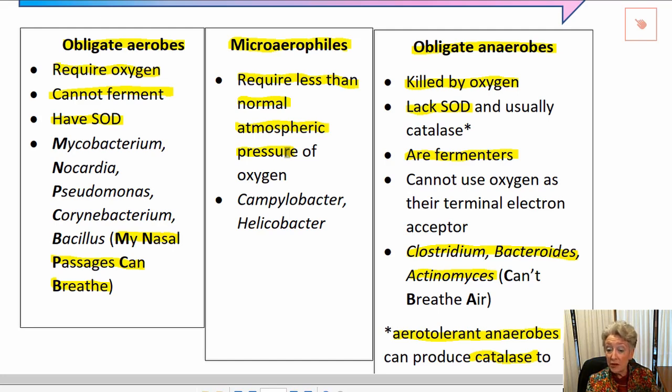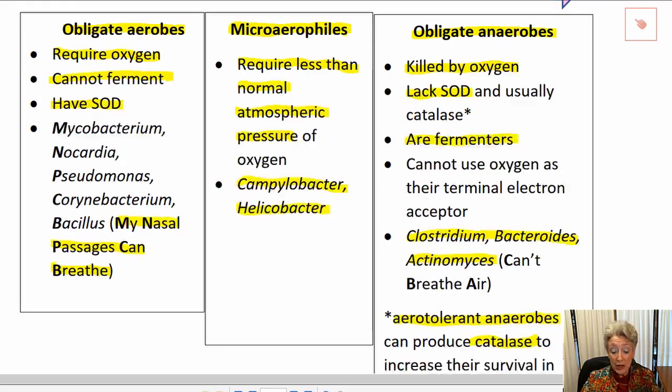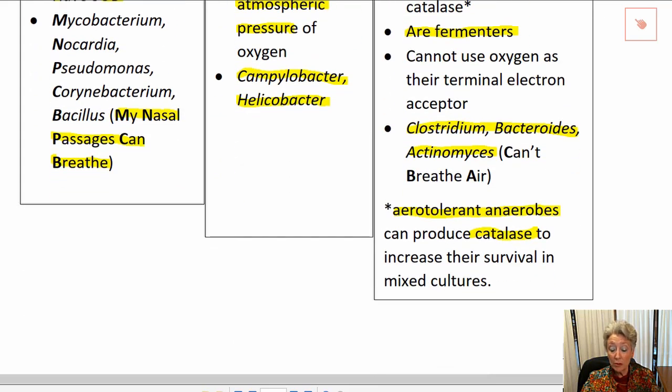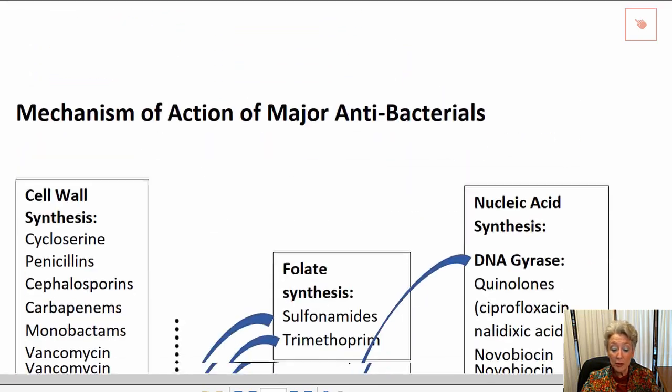And so that means that they have to be grown in incubators that pump CO2 into the chamber when the door is closed. So they'll have to mention special incubation in the case of Campylobacter and Helicobacter, because I can't just use any old microbiological incubator.